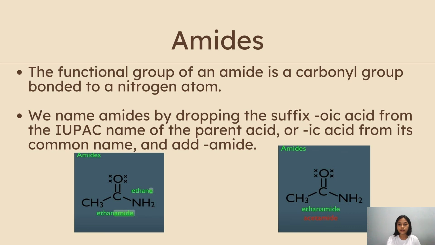As an example, the molecule shown in the table below is acetamide in its common name, derived from a carboxylic acid. If this were a 2-carbon alkane, it would be called ethane, but since it's an amide, we change it to ethanamide. We are simply replacing the e in ethane with amide.